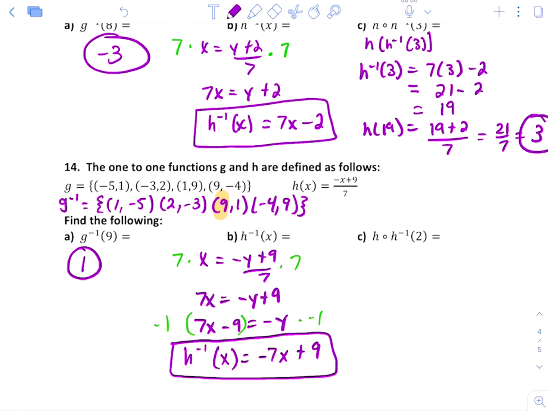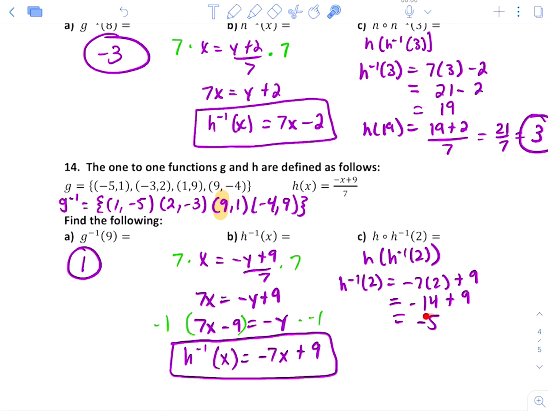And then for that last one, again, it's a composition, so we are evaluating. So I need to first start by substituting 2 into that inverse that I found in part B. So I'm taking negative 7 times 2 plus 9. So negative 14 plus 9 is going to be negative 5. And then I'm going to substitute that negative 5 into the h function.